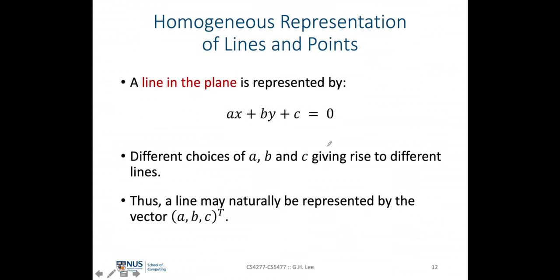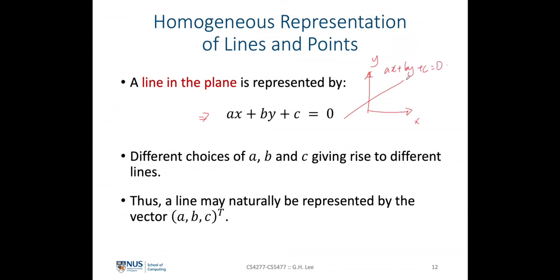Now we all know that a 2D line on a plane can be represented by this polynomial equation, ax plus by plus c equals 0. This simply represents a line in the xy plane in Cartesian coordinates.